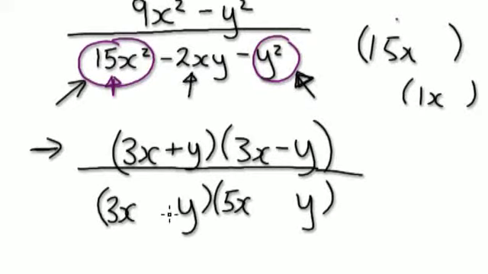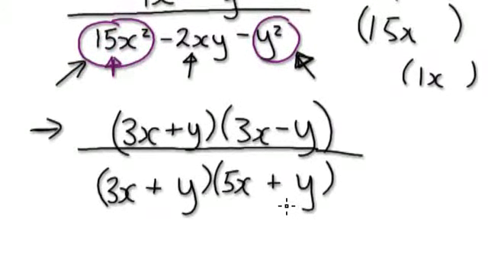How would you create the minus 2xy? I'm just going to guess this is plus and this is plus. So if it's a plus and a plus, no, hang on, it has to be a minus. I'm going to change my mind and guess a minus here. Let's see if we can create the minus 2xy.